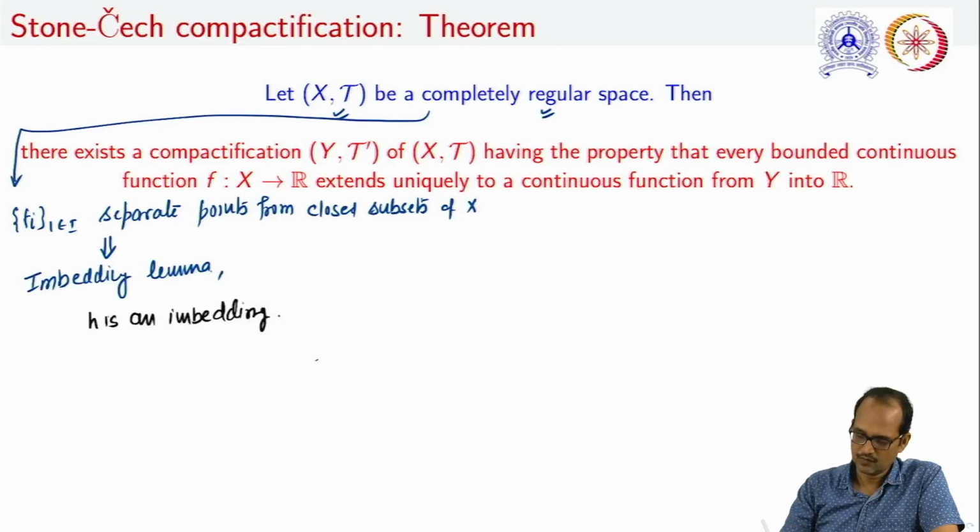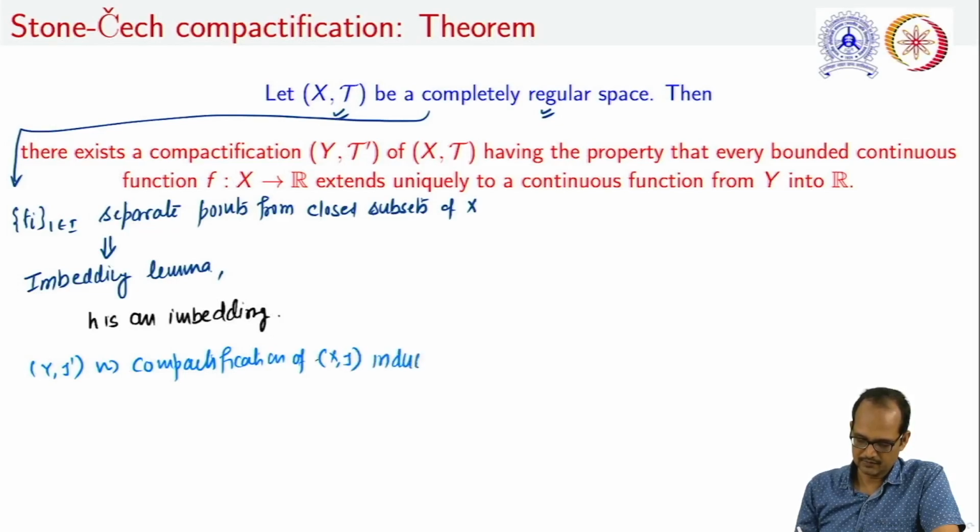Now let us take this (Y, tau) as a compactification of this topological space (X, tau). This is induced by this embedding h.